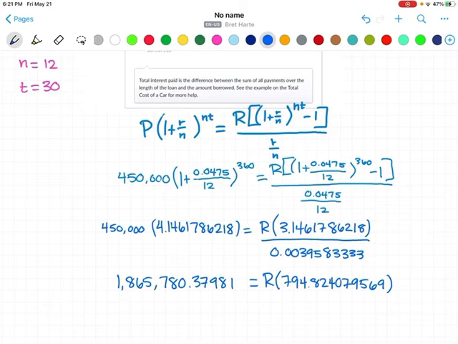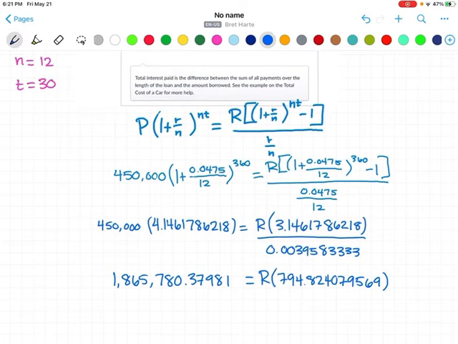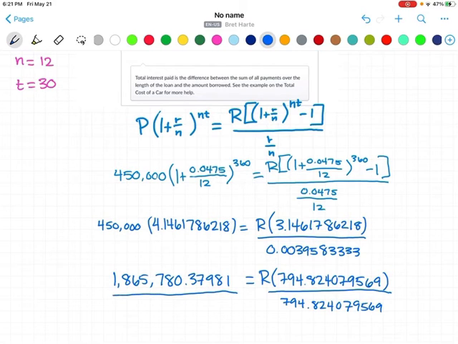Okay, now let's isolate the variable R. We're going to divide both sides of the equation by 794.824079569.